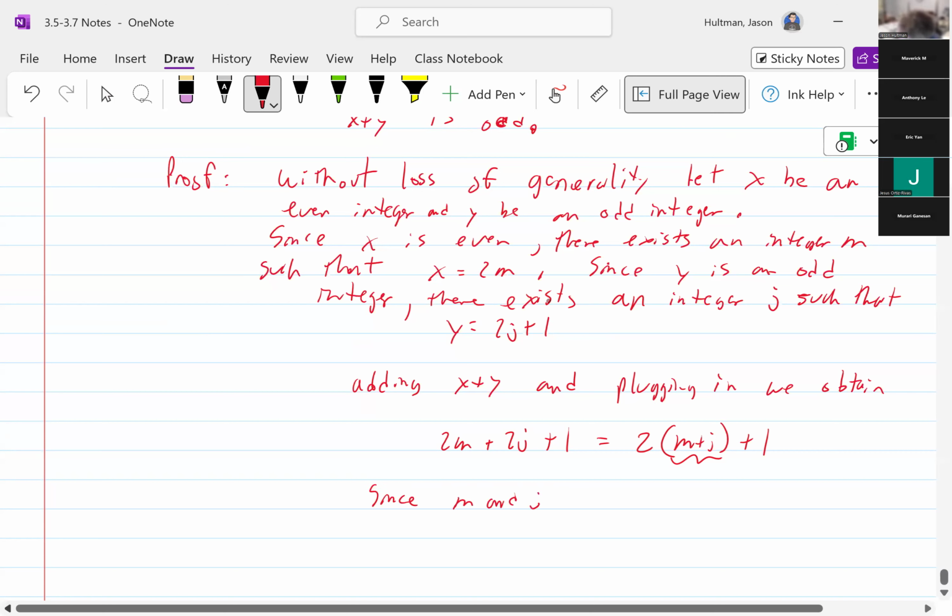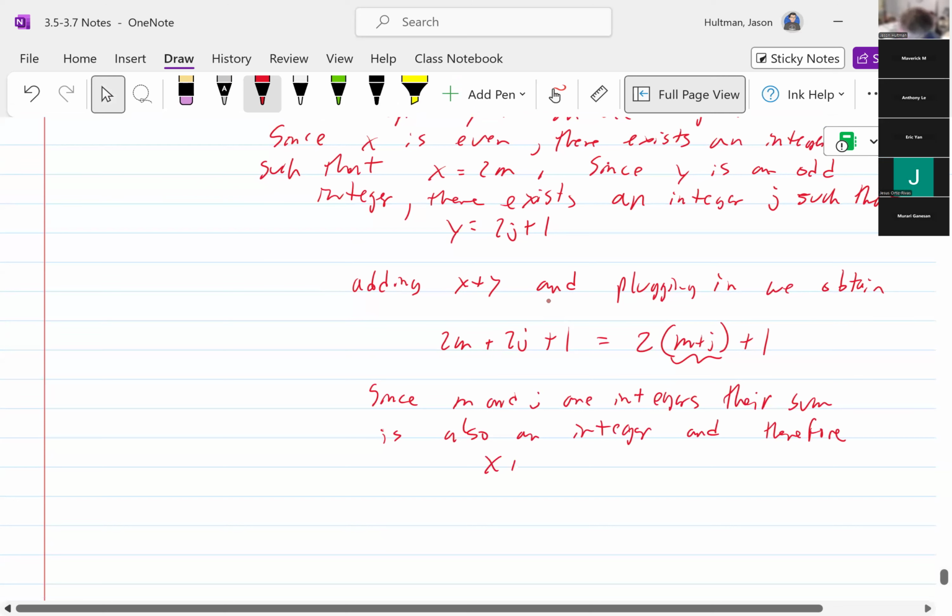Since m and j are integers, their sum is also an integer, and therefore x plus y is an odd number by the definition of odd.